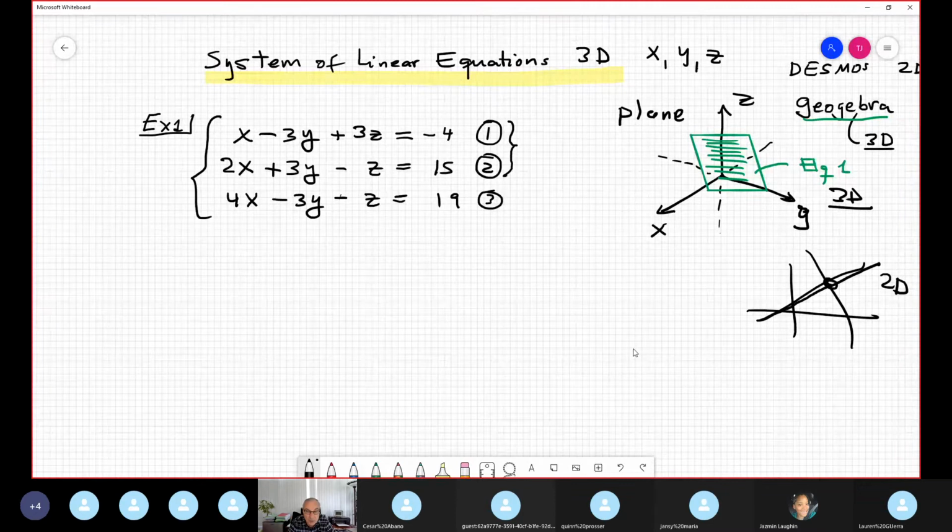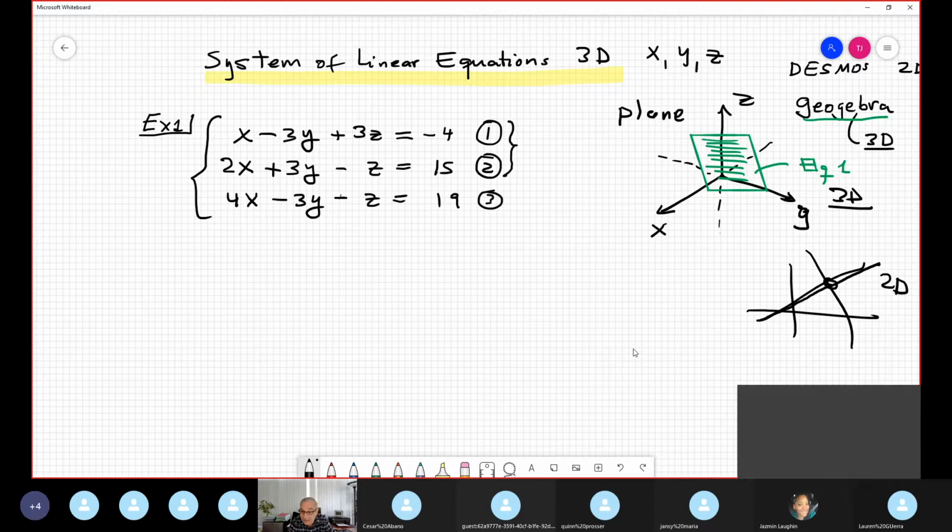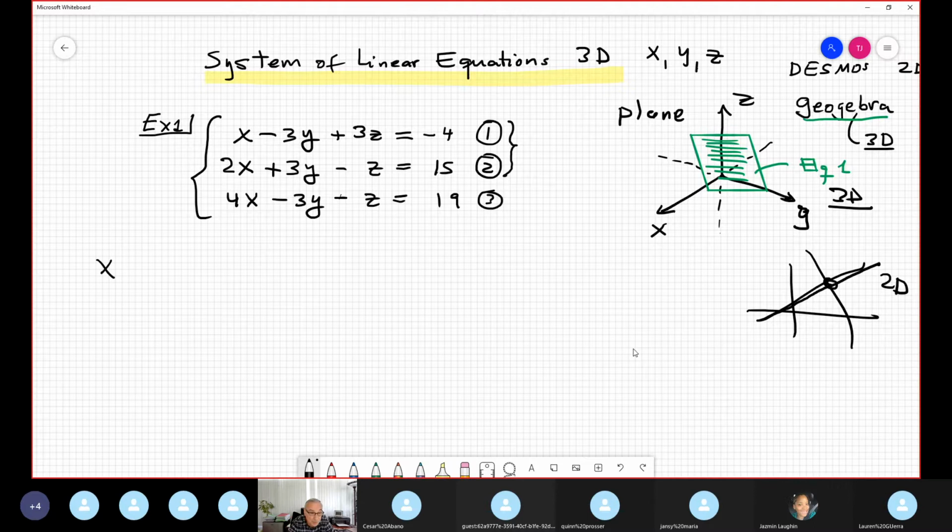I pair 1 and 2, but you pair smart, not stupid. Because I can see that equation 1 and equation 2 are ready for elimination in the y part, yes or no? Because it's minus 3y and plus 3y. So I just copy. The organization is extremely important because it's too long and complicated.